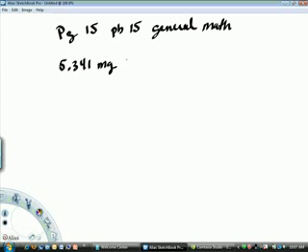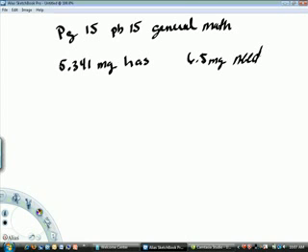Well, this is how much she has, right? But she needs 6.5. So how do I figure out how much more she needs? Well, yeah, you're going to add or subtract. Which one? I mean, this is how many you need and this is how many you have.